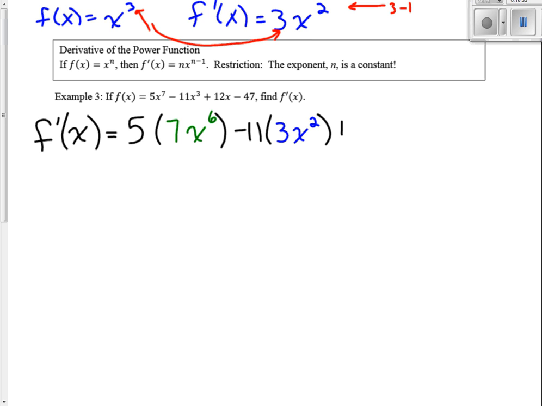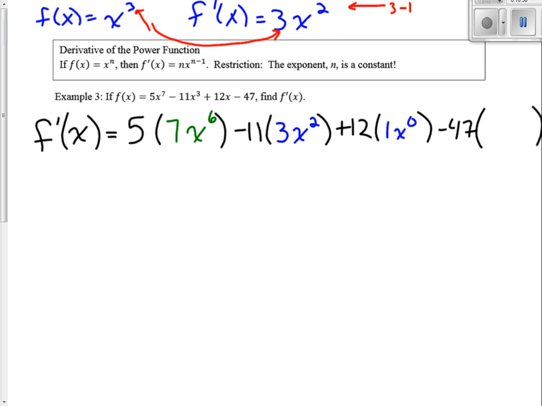Moving on, I have 12 times my derivative. The exponent on x is simply a 1, so I have 1, and x is now raised to 1 less, which is 0. And lastly, I have minus 47 times x raised to the 0 power.